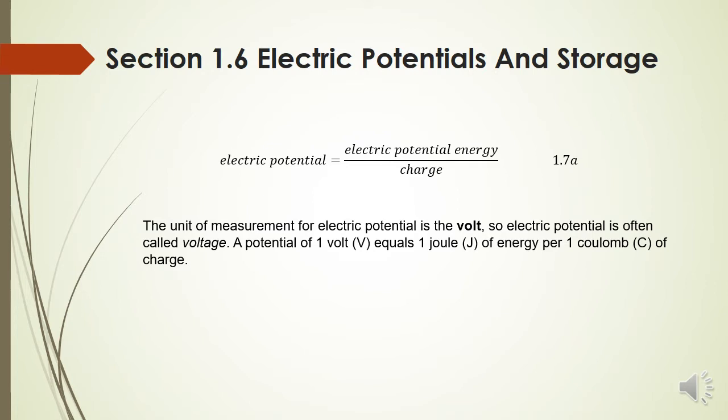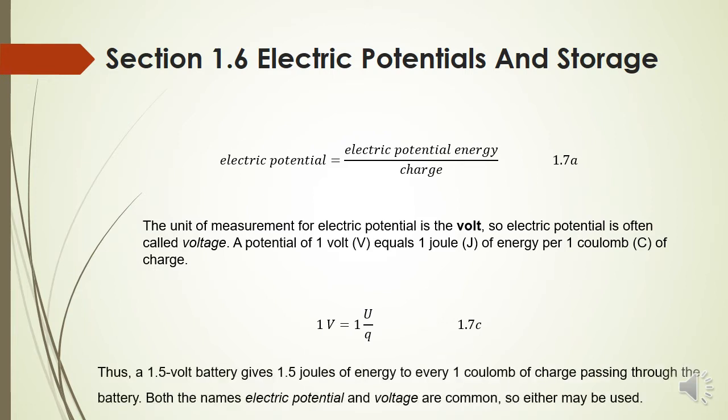A potential of 1 volt equals 1 joule of energy per 1 coulomb of charge. That is in equation 1.7c from your handouts. Thus, a 1.5 volt battery gives 1.5 joules of energy to every coulomb of charge passing through the battery. Both the names electrical potential and voltage are common, so either may be used.